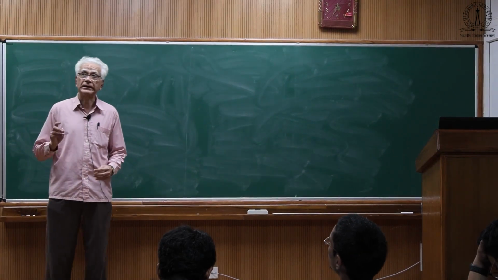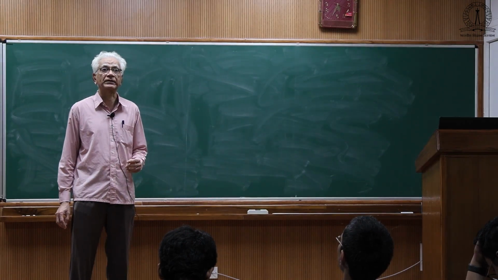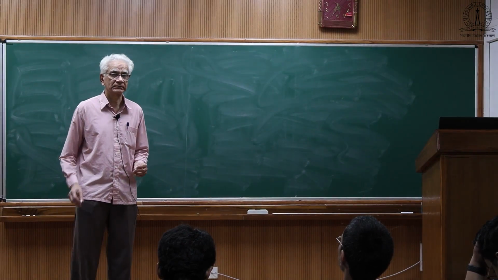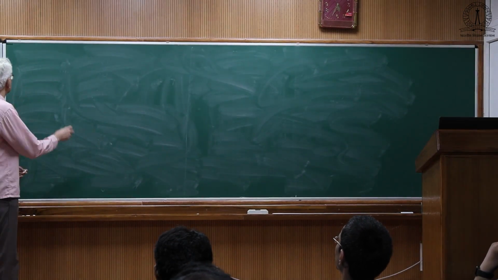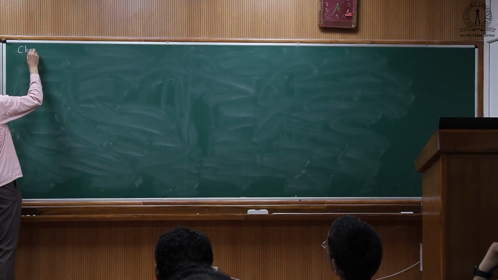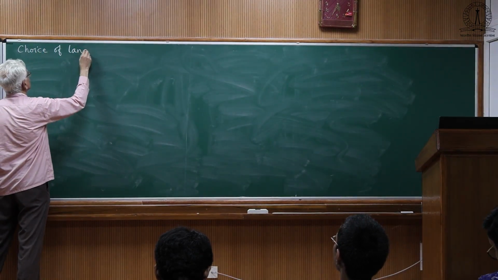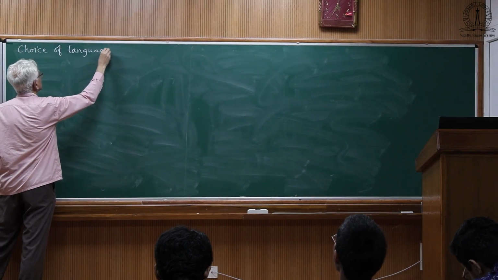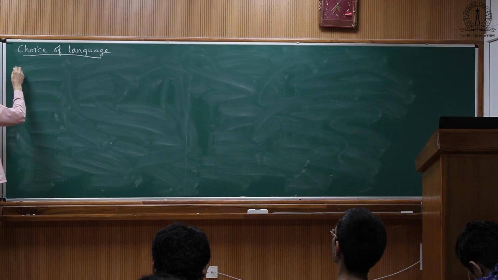So fine. What I am going to talk about today is choice of language, which connects physical stuff on one side and mathematical stuff on the other side. So how does one go about doing this?